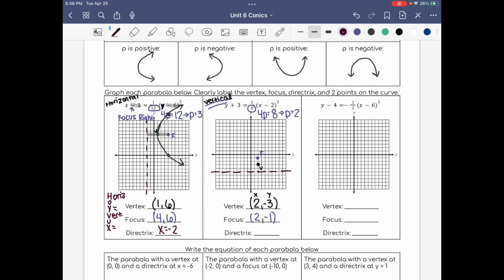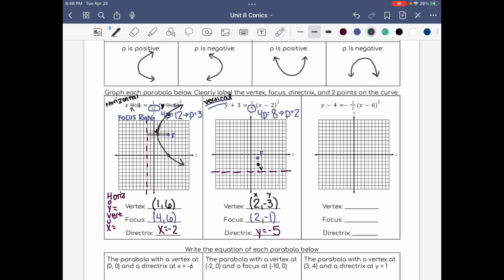If it helps you decide which way to draw this line, the directrix should not go through the focus. And if I drew this line going up and down, it would go right through the focus. It's supposed to sort of be like a repellent line on the other side almost. The equation, because it's horizontal, is going to be y equals, and that line is located down 5 units, so it's going to be y = -5.